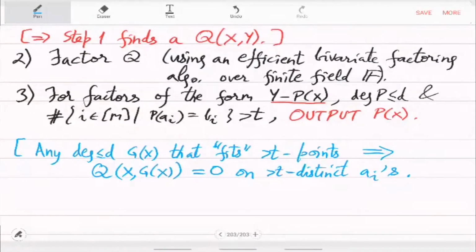And the second thing is that if you look at the degree of Q(x, g(x)), this is less than or equal to t.